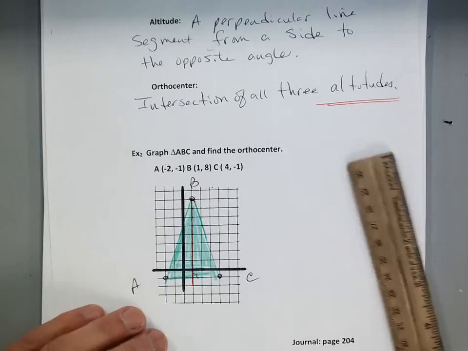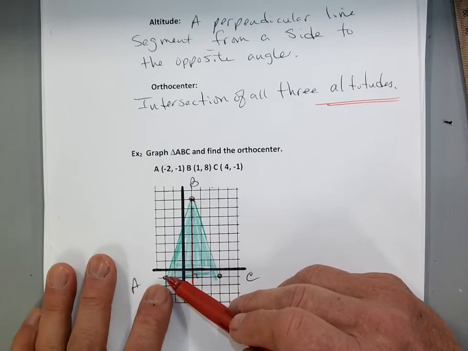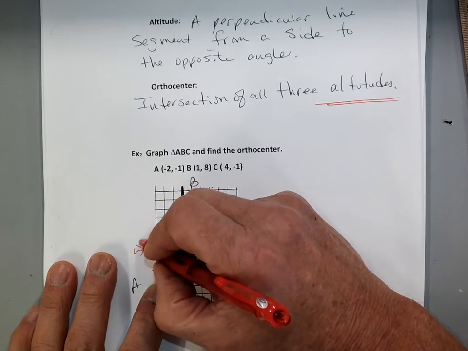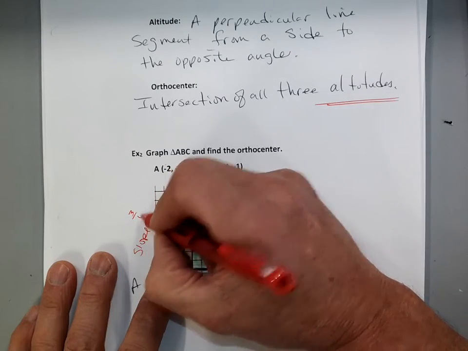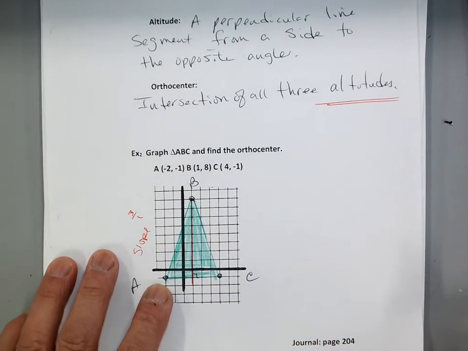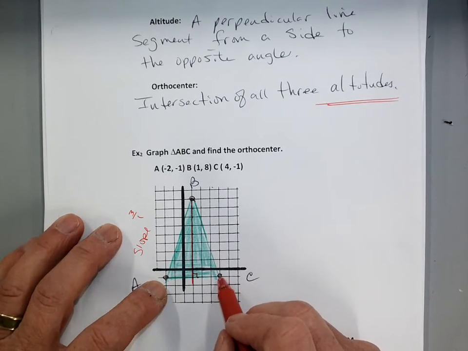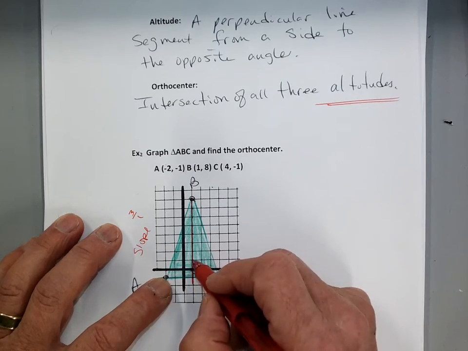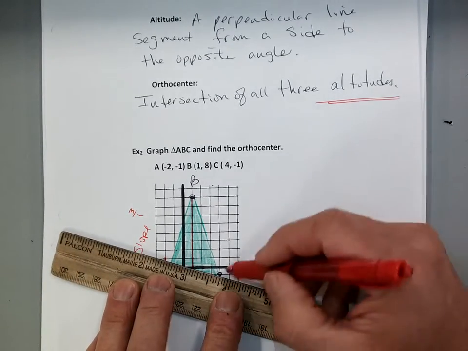Now, to do the next altitude, we got to be a little bit smart. So let's see. What's the slope of this line? Seems like the slope of this line is up 3 over 1. If it's perpendicular, it's going to be the opposite. So it's going to be down 1 over 3.